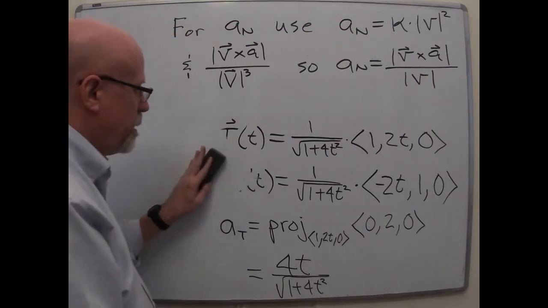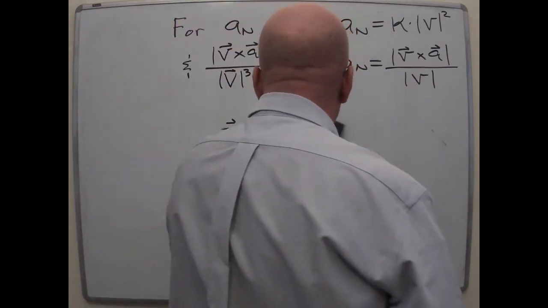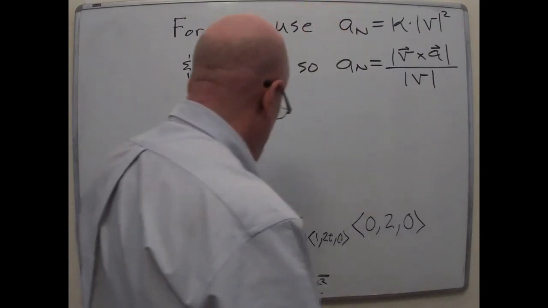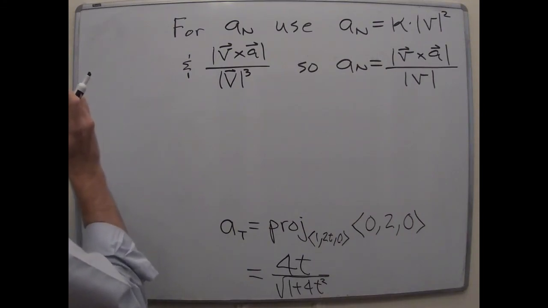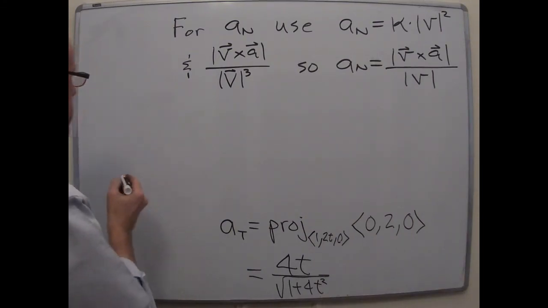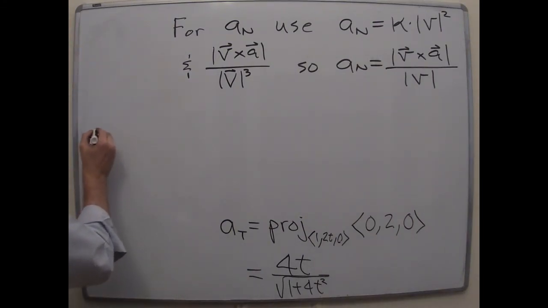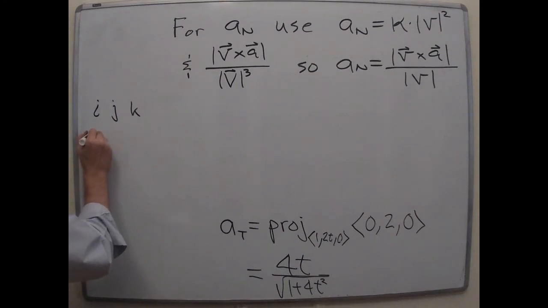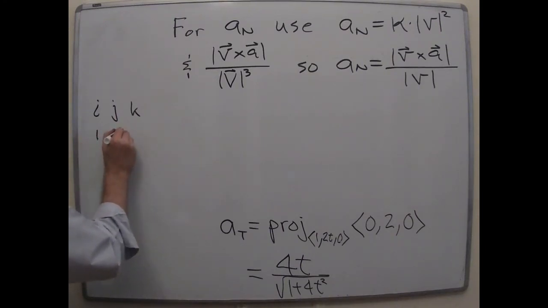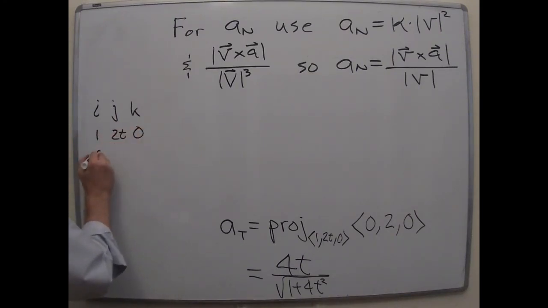I probably want to try to save this calculation of a sub t because we're going to need that in a second. V cross a, didn't I just do this? It was i, j, k, 1, 2t, 0, and 0, 2, 0.